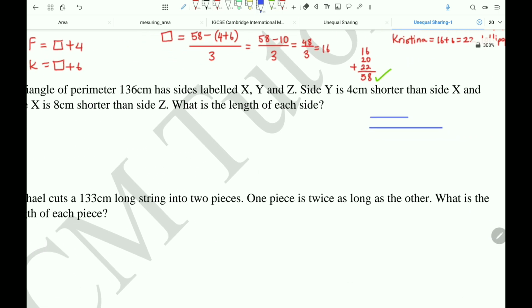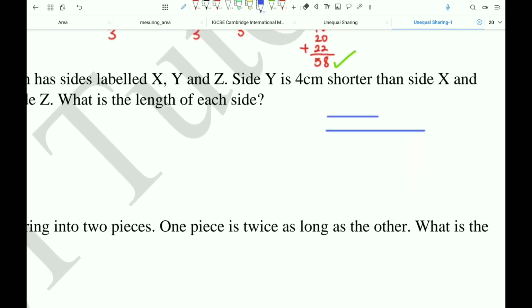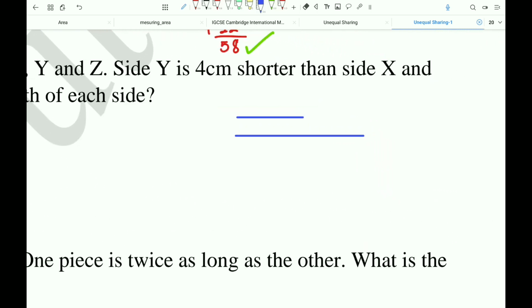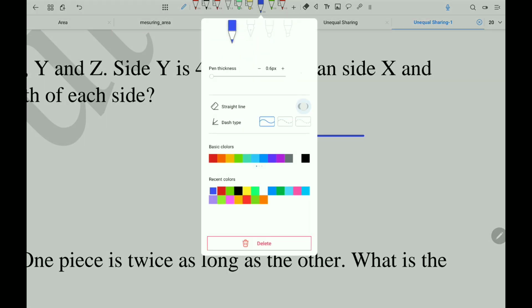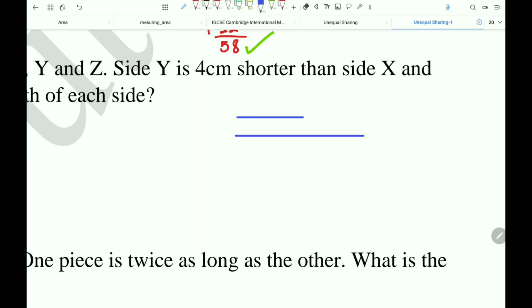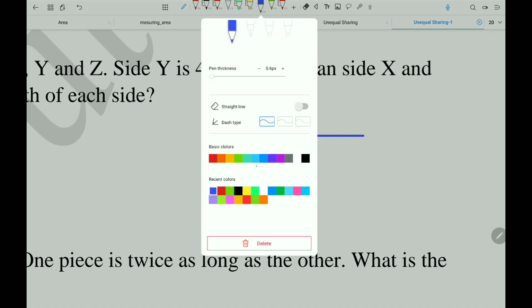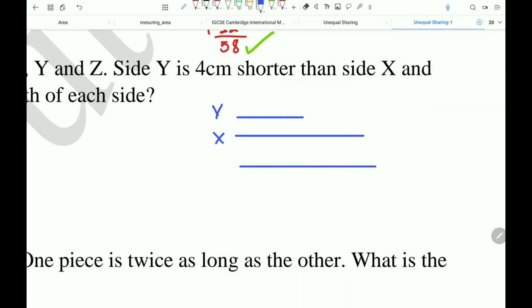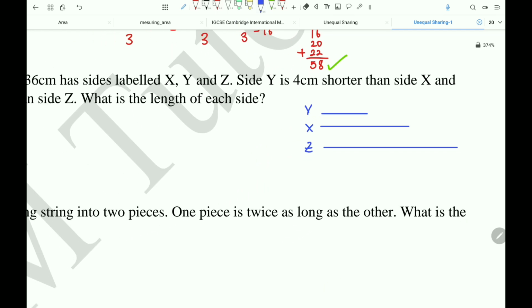and side X now is 8 centimeters shorter than side Z. So we had that this was Y, this was X. X is now 8 centimeters shorter than Z. So that means that Z is going to be longer than X. So from here we can clearly see which side is the shortest.